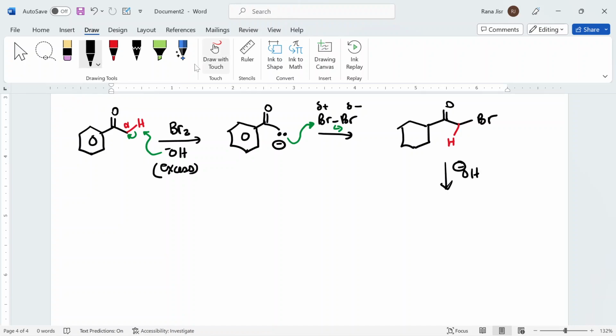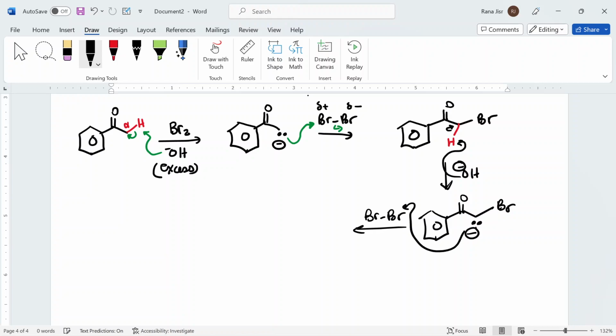The reaction is non-stop. So another base is going to come, take that hydrogen, alpha hydrogen, form the enolate. And once it forms the enolate, again, so here you go. This is a bromine. Your bromine is going to attack again.